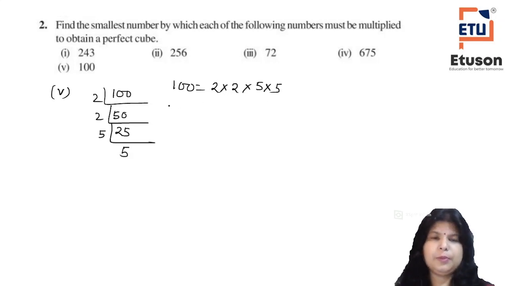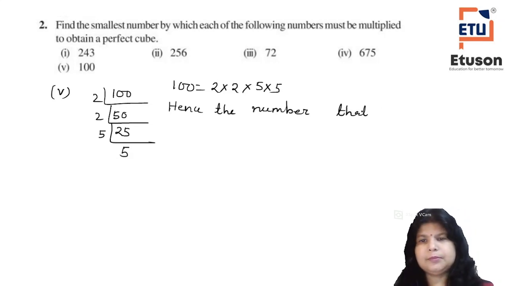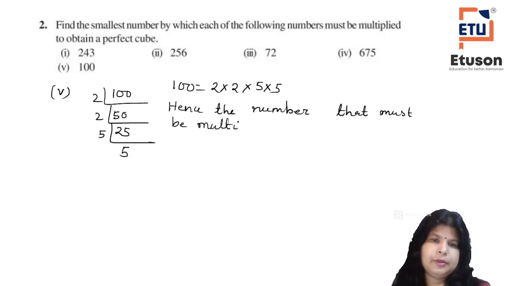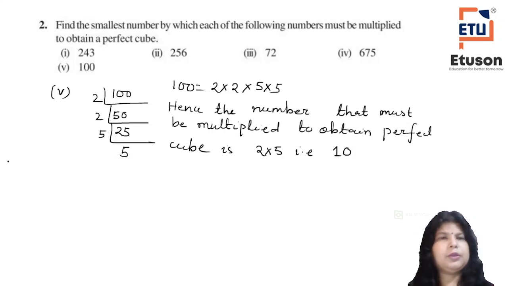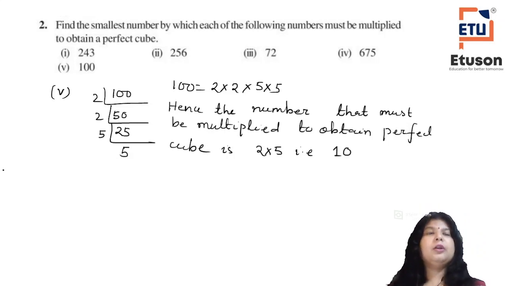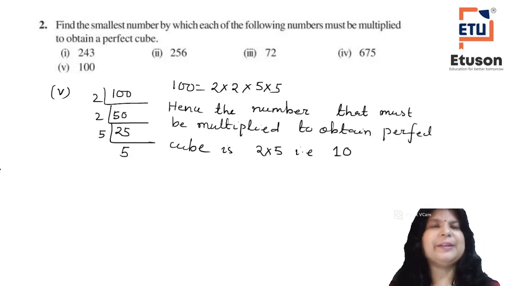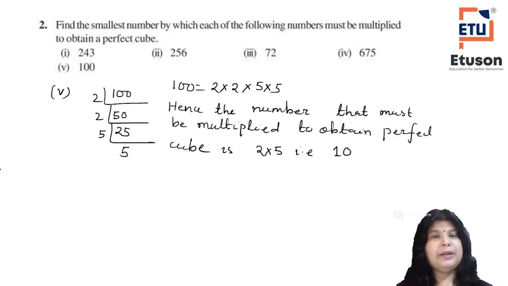So the number that must be multiplied to obtain a perfect cube is 2 into 5, that is 10. So 10 should be multiplied to 100 to obtain a perfect cube. Okay, children, you have understood?